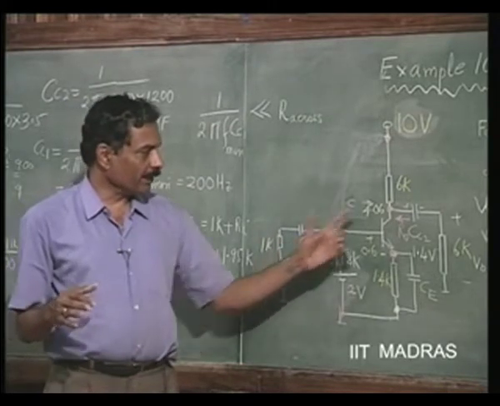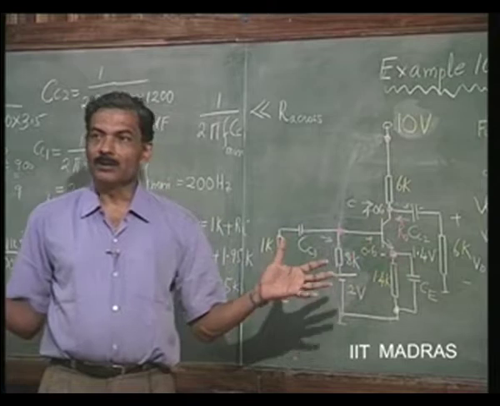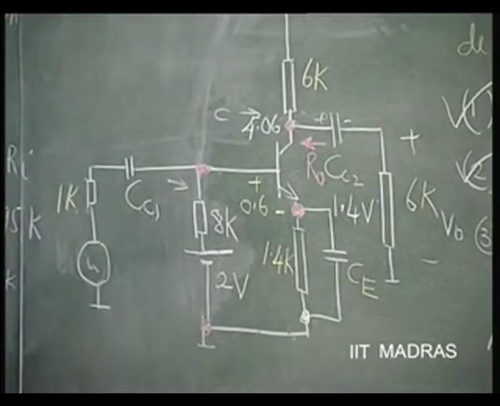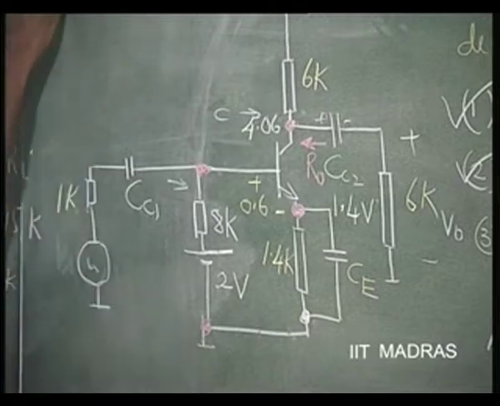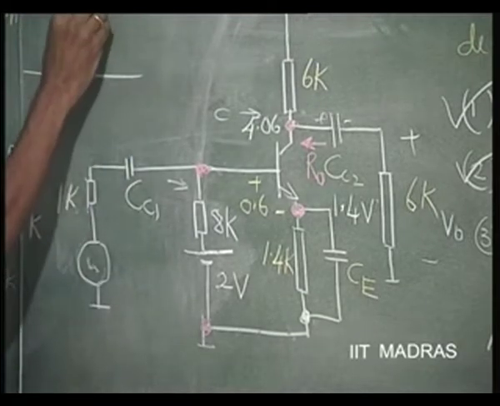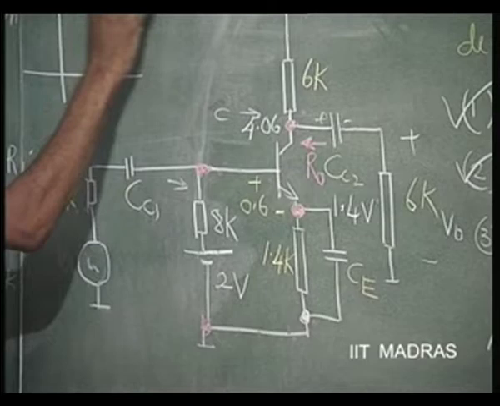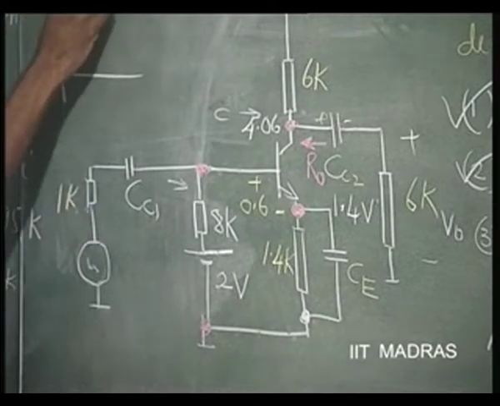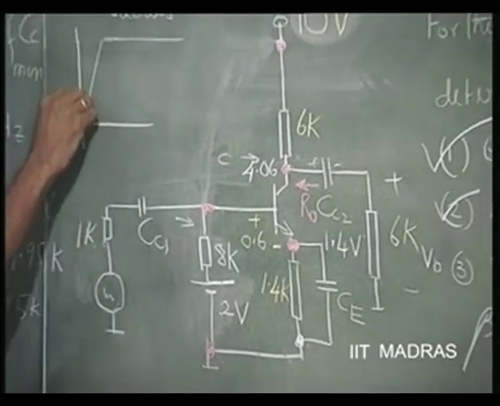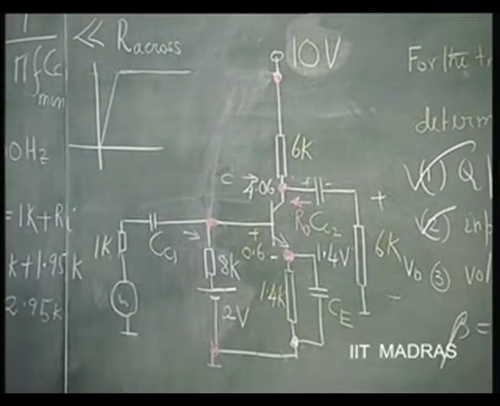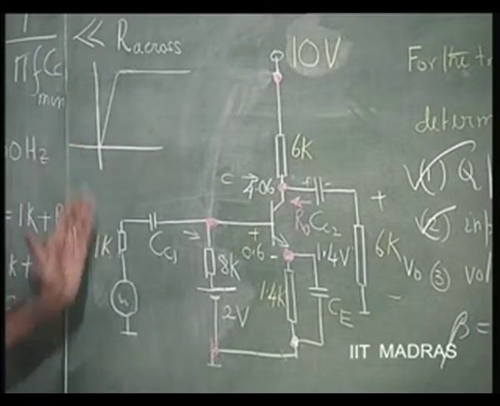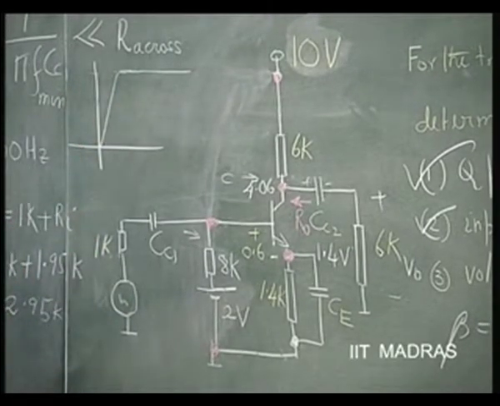So, these coupling capacitors bring about a lower cutoff frequency in the amplification factor. So, the amplification will not be 114 up to very low frequencies, because it will be 114 up to about 200 hertz. Thereafter, it will come down to 0 as you approach the DC. So, that brings about a lower cutoff frequency.